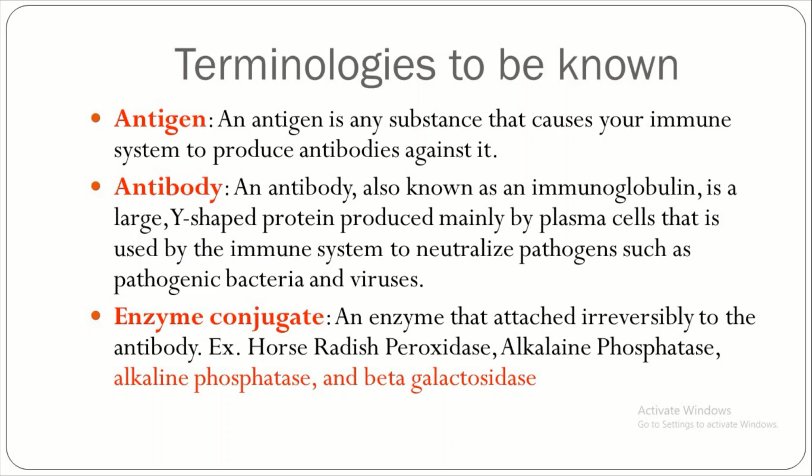Next is the antibody. An antibody is also known as an immunoglobulin, a large Y-shaped protein produced mainly by plasma cells, which is used by the immune system to neutralize pathogens or antigens which enter your body. Next is the enzyme conjugate.